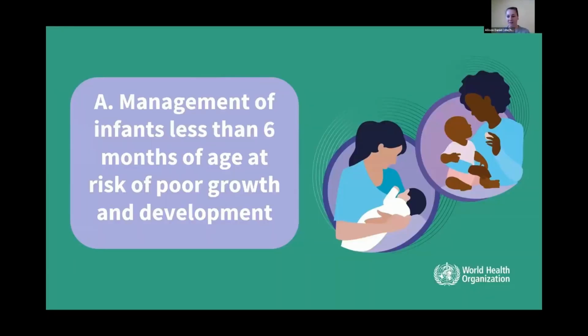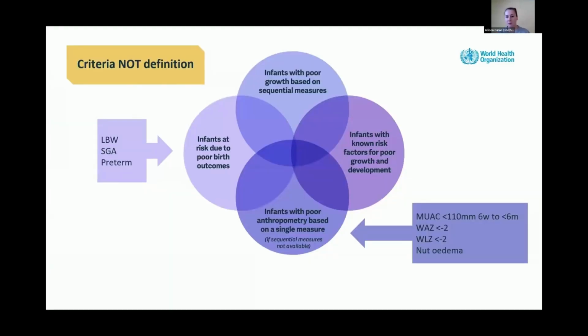As I said at the start, this is really just a snapshot of the guideline, and I'm just going to focus on a couple of areas that I think might be relevant to this audience, but there's a lot more to this guideline than what I'll be talking about today. The first subsection is on management of infants less than 6 months of age at risk of poor growth and development. This is a new population for the guideline, and we outlined several different criteria for identifying risk.